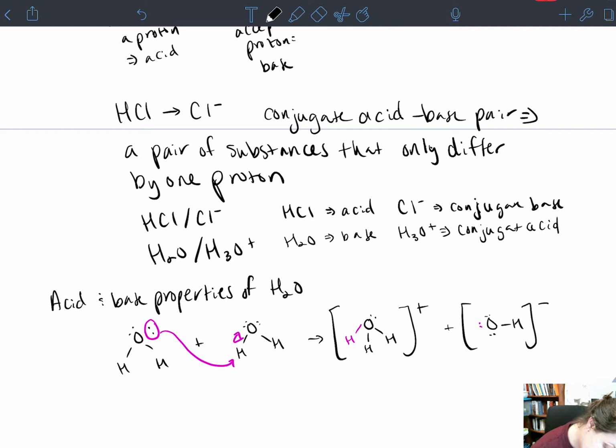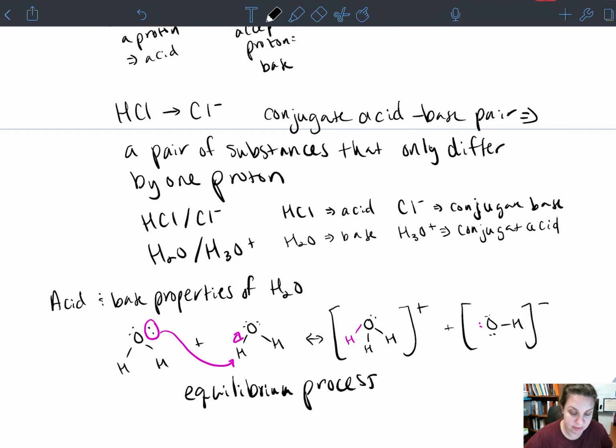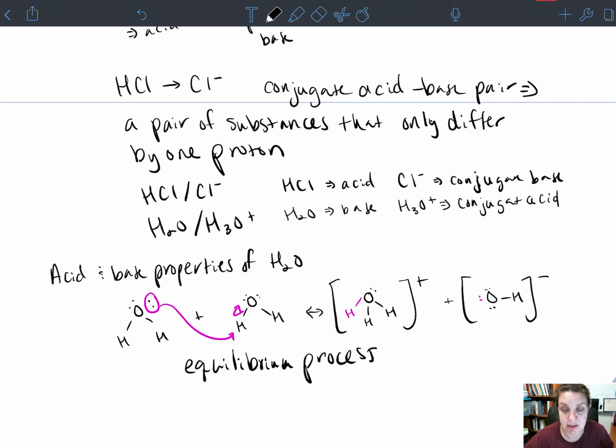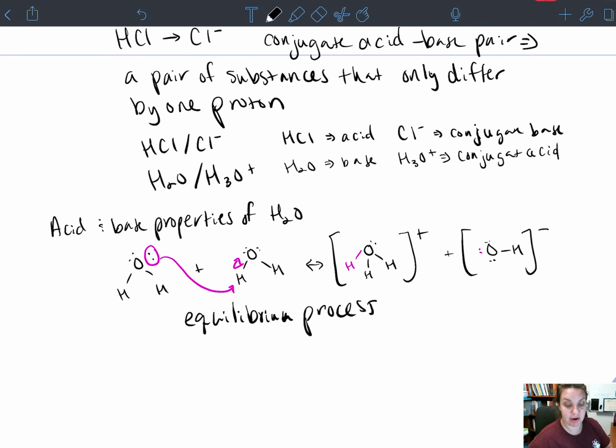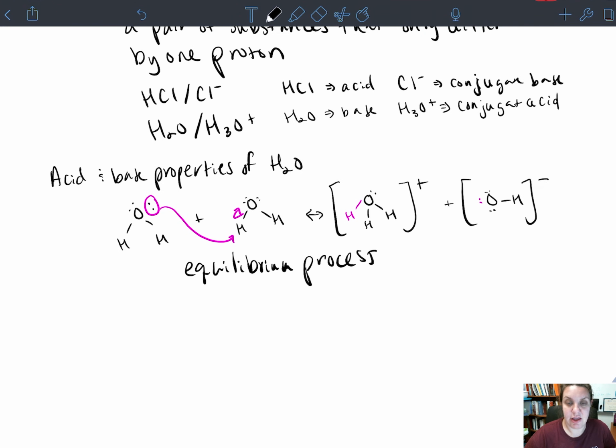Now, this is an equilibrium process. And anytime we have an aqueous solution, or just pure water, there will always be some amount of hydronium and hydroxide. So the idea that a water molecule can act as either an acid or a base, it can either donate or accept a proton, we call this amphiprotic.